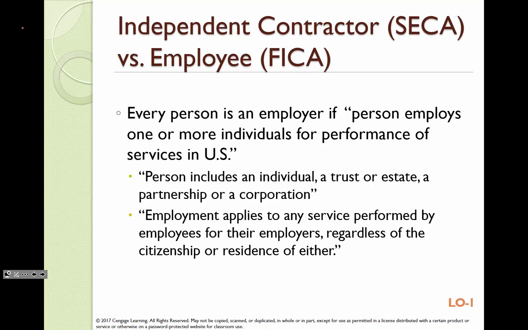You're an employee if you perform a service for an employer, regardless of the citizenship or residence of either. Basically, these are the key words, which goes back to behavioral control, financial control, and perceived relationship.